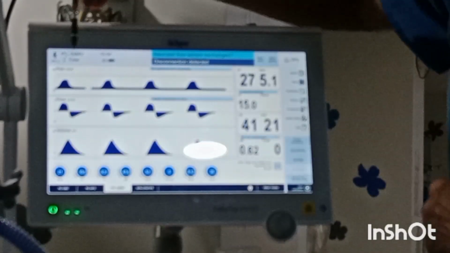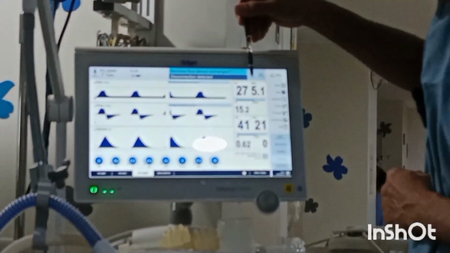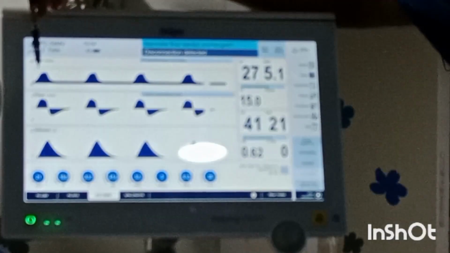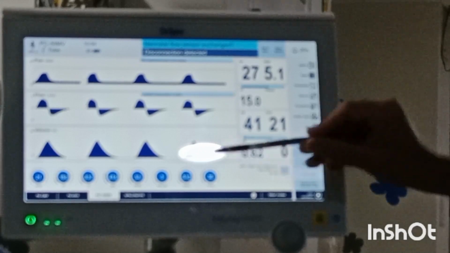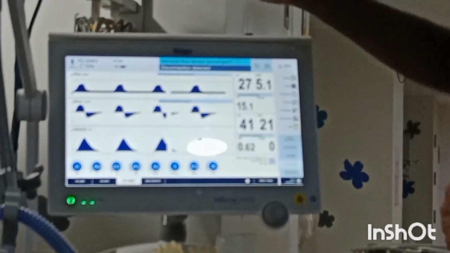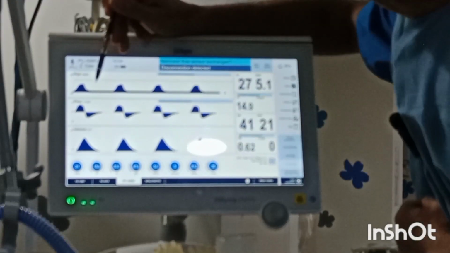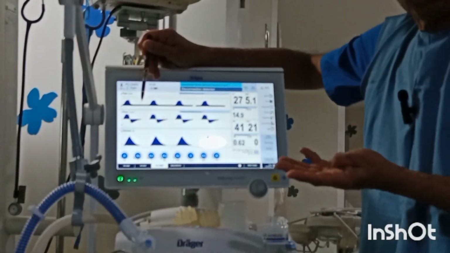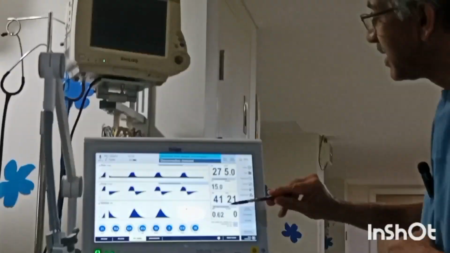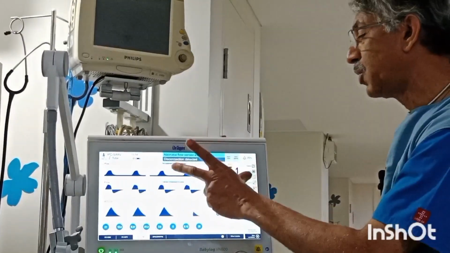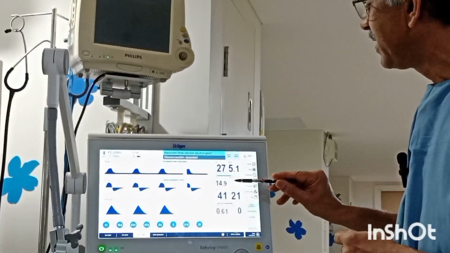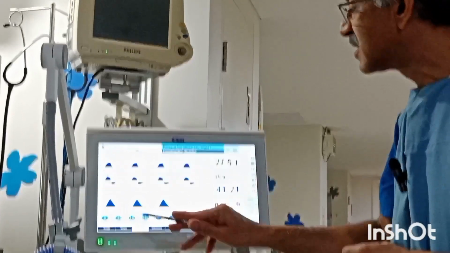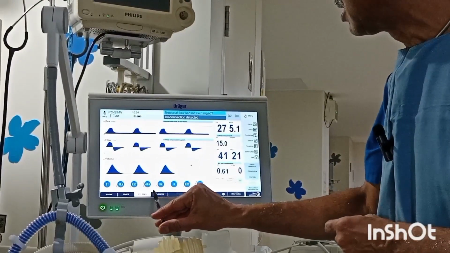Now, you can also see the same thing on this. For example, when I say it is 27, the peak point is 27. And if you look at the PEEP, a PEEP of 5, from the baseline till this point is your PEEP, correct? The respiratory rate you can also count, so it is showing around 41.